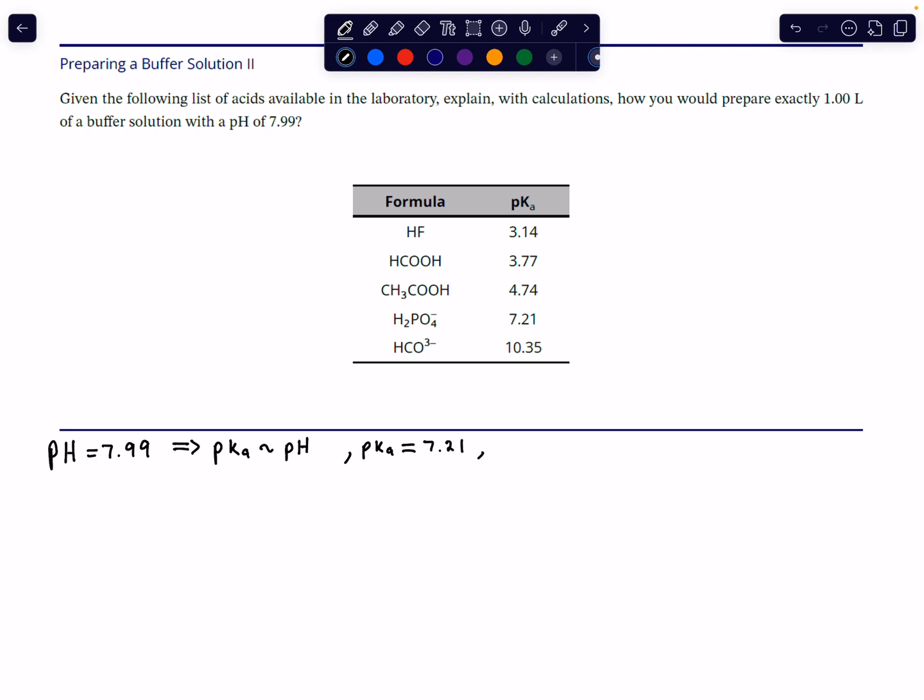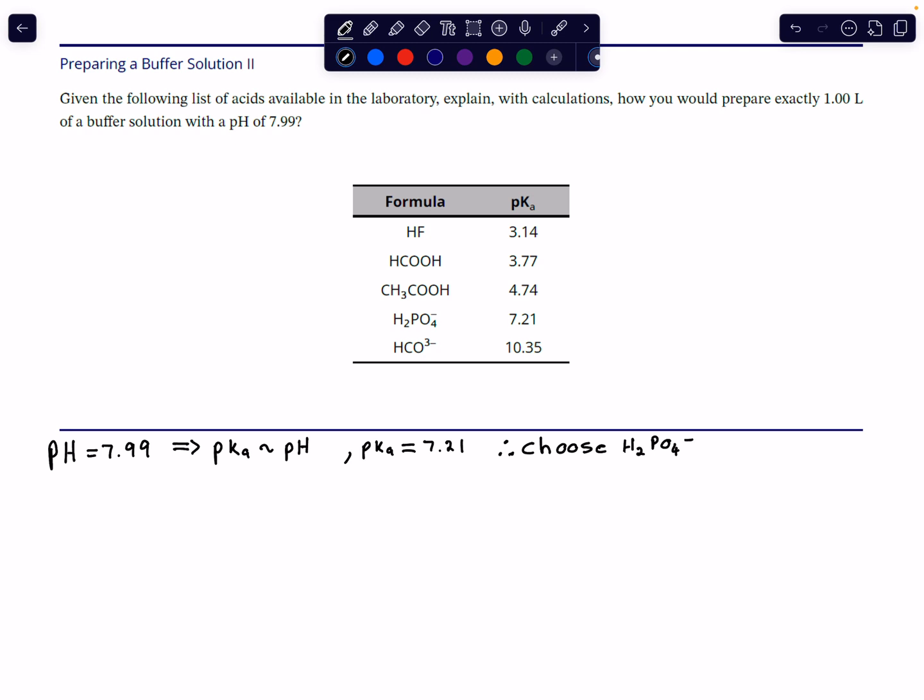And that is of course the pKa of dihydrogen phosphate. So in other words, we choose dihydrogen phosphate.